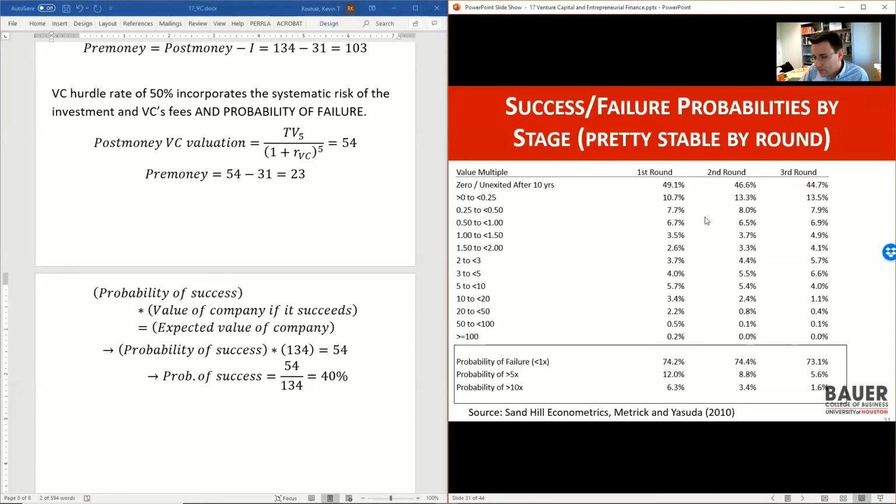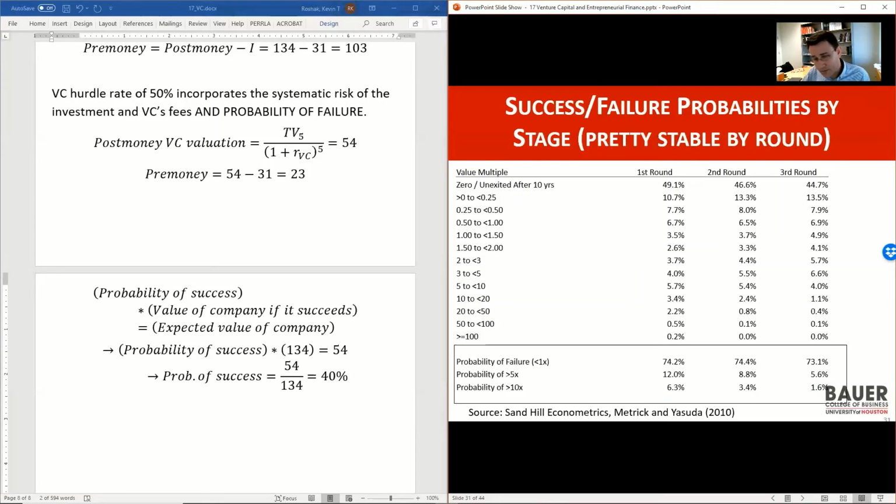What the VCs are shooting for, obviously, is these home runs. 6% of the time, those first round investments are multiplying the investment by 10 times over. You put in $1, you get over $10 back 6% of the time. For second and third round funds, those home run frequencies go down. You have to pay a higher price if you're not the first VC into a company.